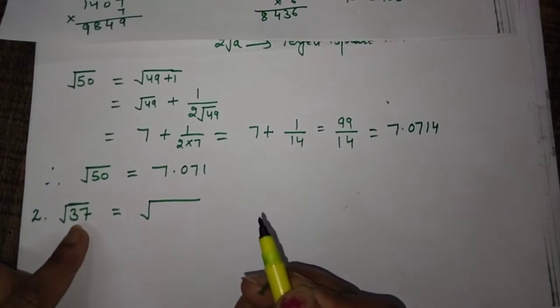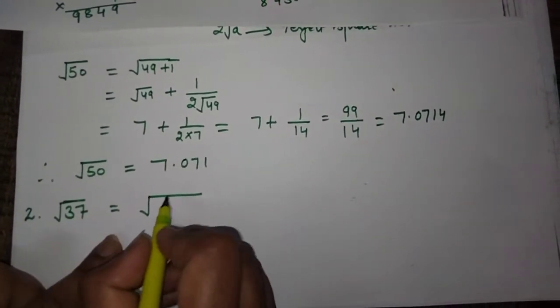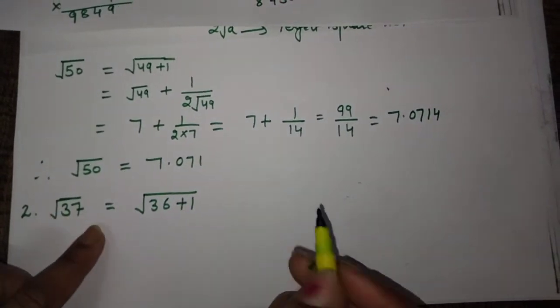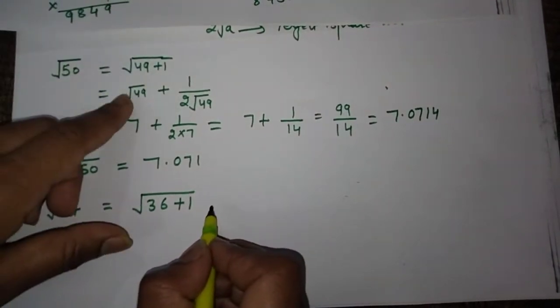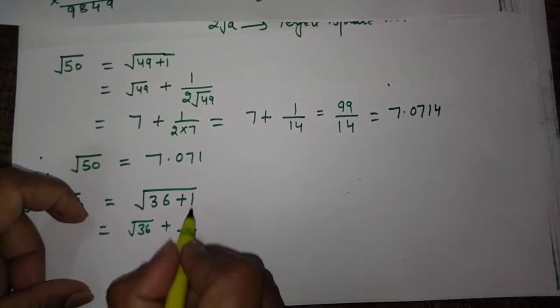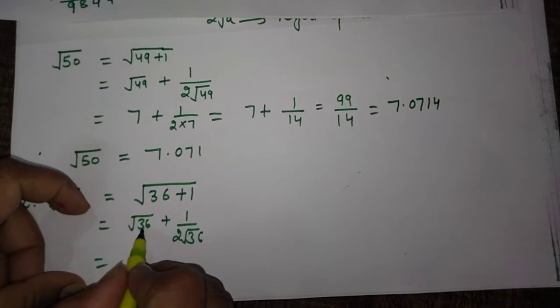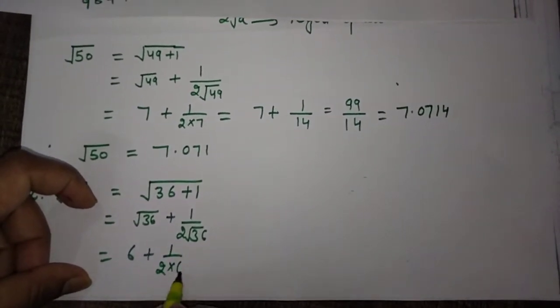First of all, resolve 37 into its nearest square number, and its nearest square number is 36. We can write 37 as 36 plus 1. Now apply this formula: square root of first number plus 1, over twice the square root of first number. Square root of 36 is 6, and here 6 also.